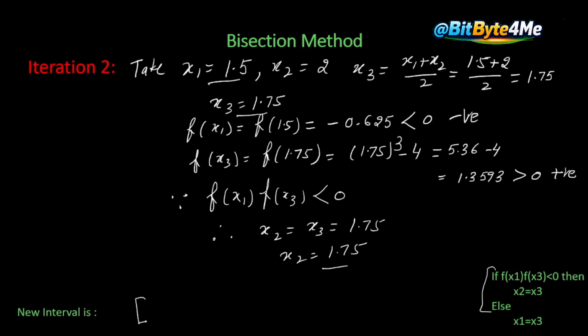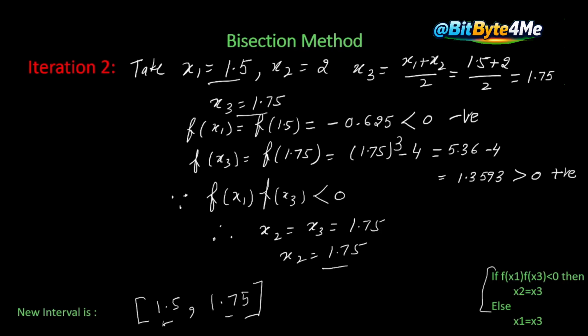So the new interval will be 1.5 comma 1.75. This is for the second iteration. For the third iteration we will take x1 as 1.5 and x2 as 1.75.